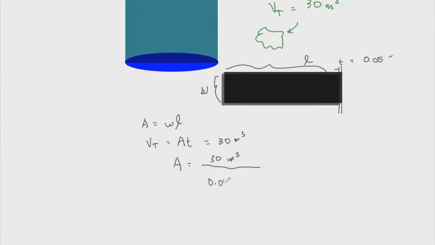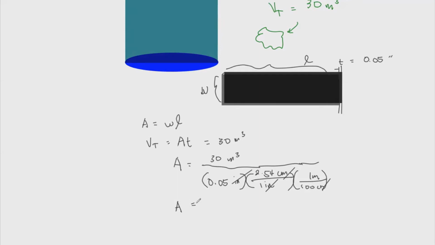So that's 0.05 inch, and we know very well that for every 1 inch we have 2.54 centimeters. For every 100 centimeters we have 1 meter. In this case, we've already converted this into its respective unit in meters.